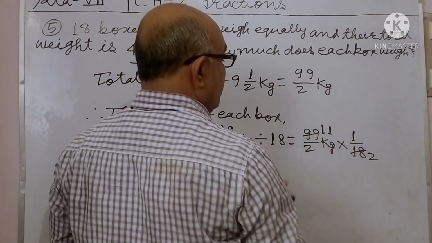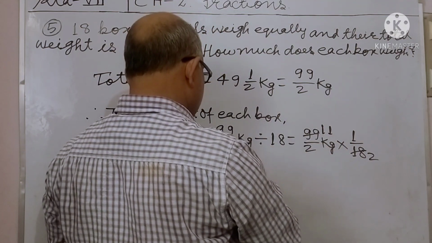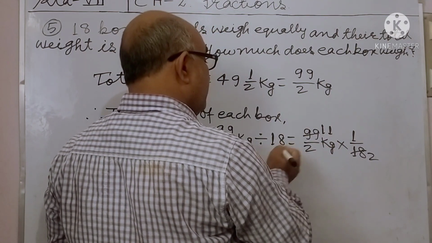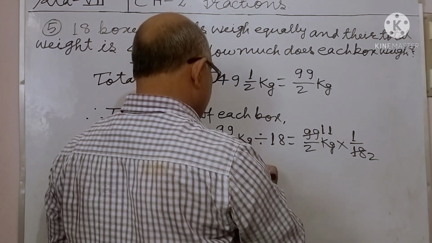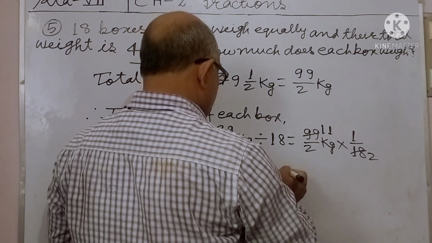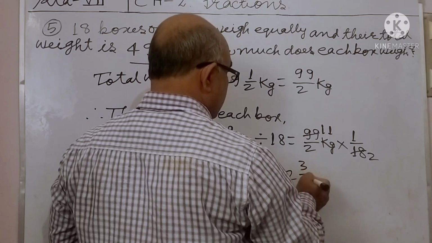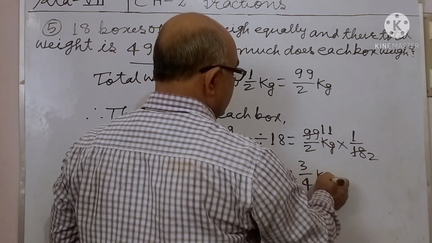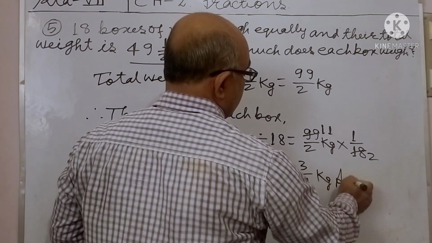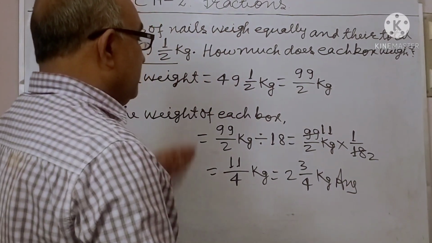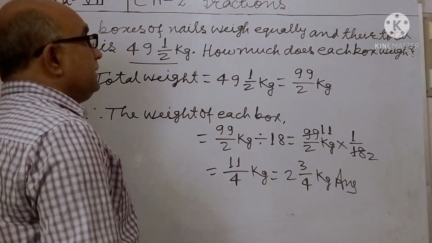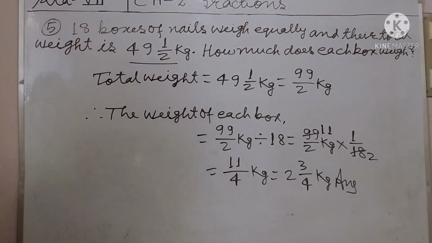Equal to 11 by 2 times 1, which is 11 by 2 by 4 kg, equal to 5 whole 3 by 4 kg. Answer of this question. Students, understand and write it.